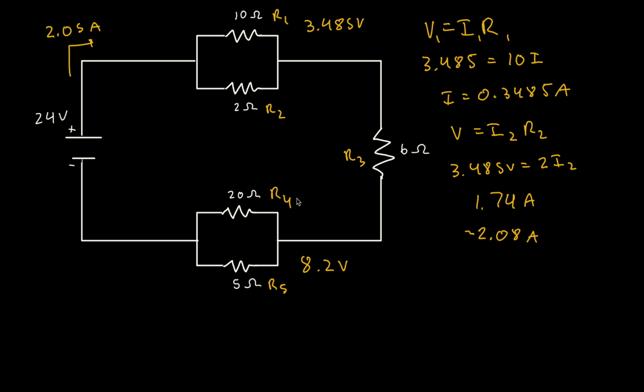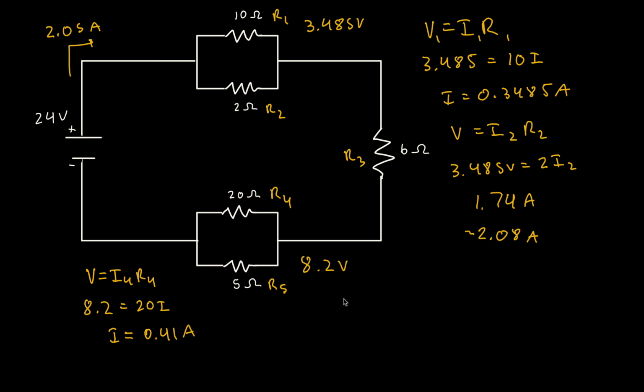All right, so let's start with resistor 4 over here. So our voltage equals I times R4. We know our voltage is 8.2, so this is 8.2 equals 20I, so 8.2 divided by 20, we get current equaling 0.41 amps.